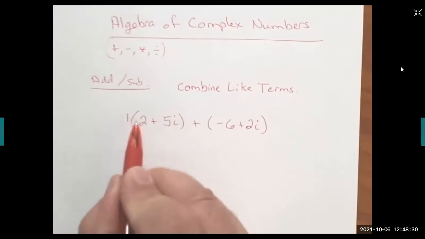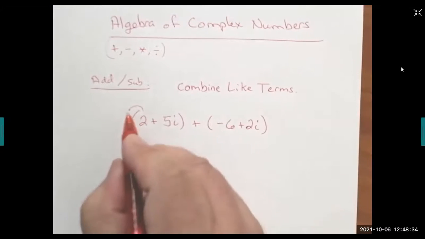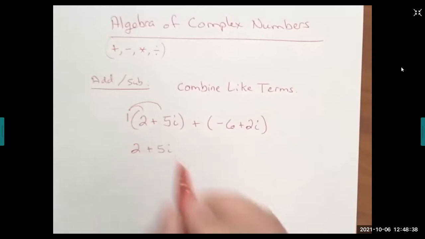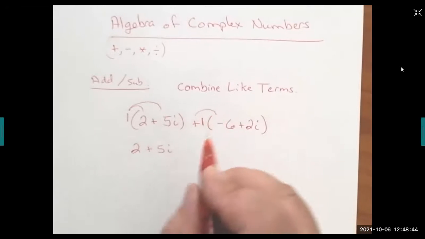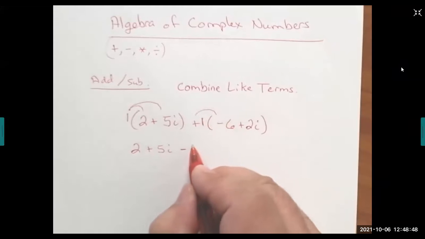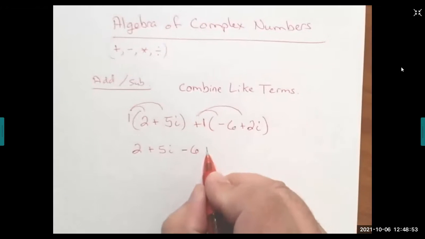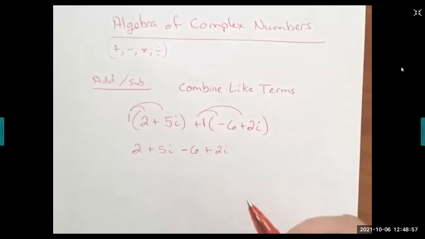So let's just distribute. 1 times 2 is 2. 1 times 5 is 5i. Same thing here. Positive times negative is negative. 1 times 6 is 6. Positive times positive is positive. 1 times 2i is 2i.